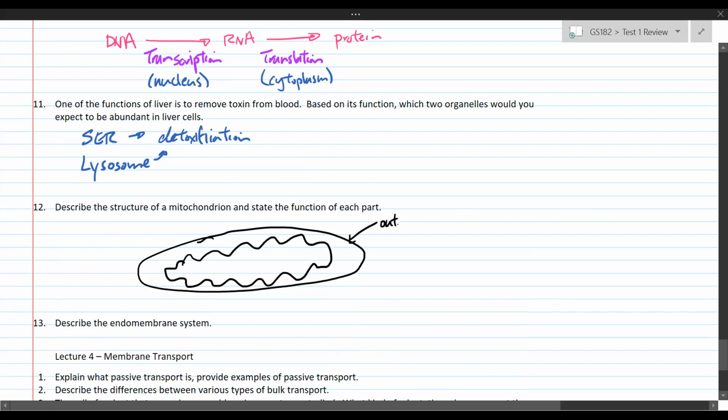This is the outer membrane. We have the inner membrane, which forms the cristae. And yes, of course, there's the matrix on the inside, and the intermembrane space.